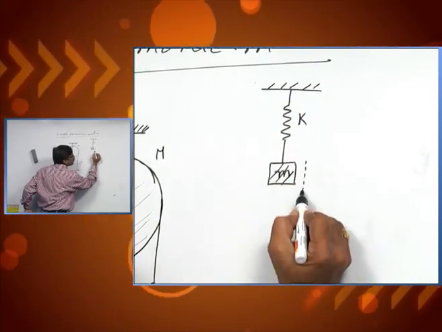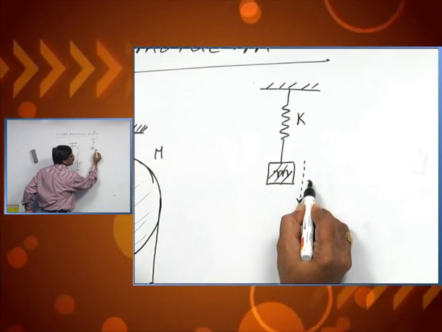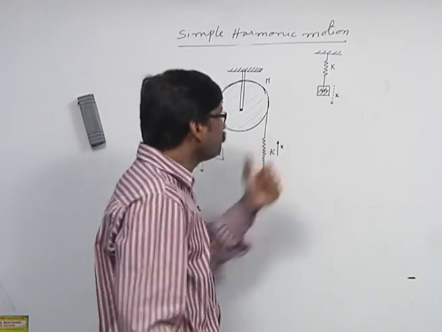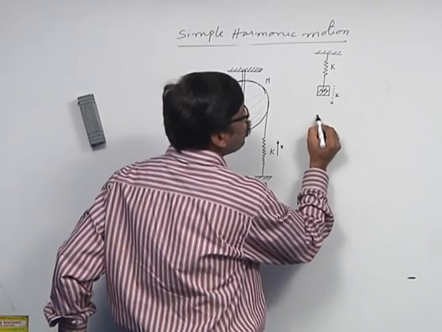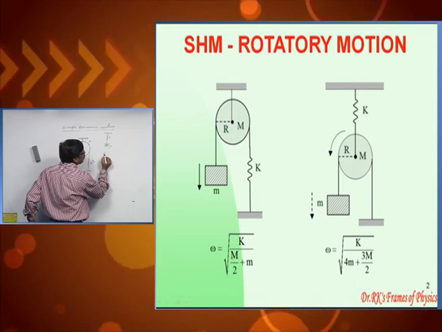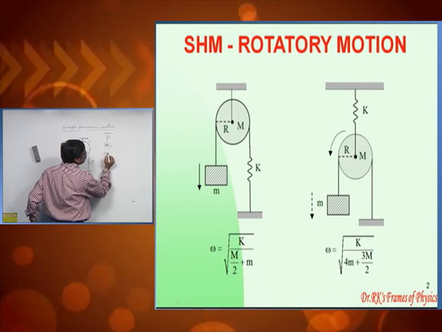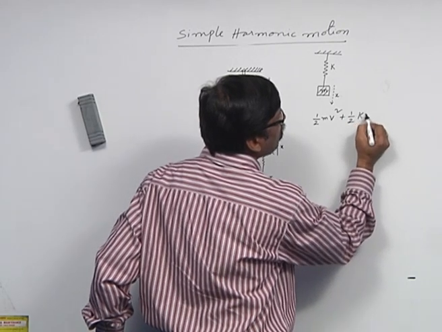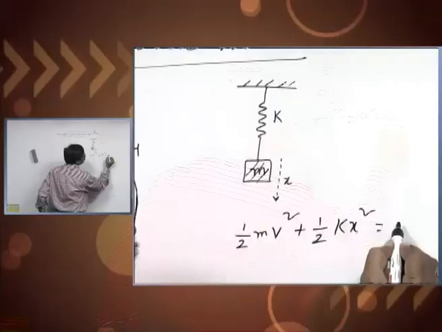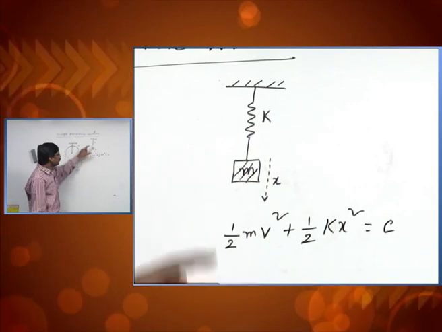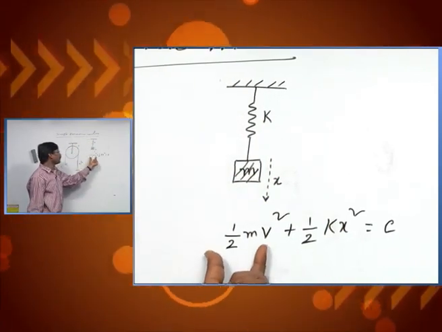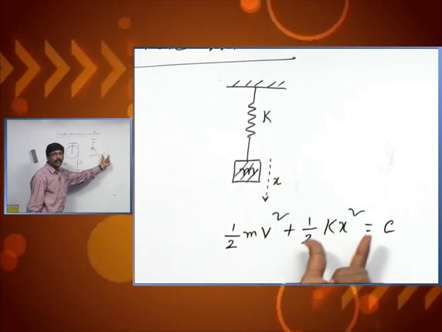If x is the extension of the spring, which is same as the displacement of m, the total energy at any instant of time is half mv square plus half kx square, which is equal to a constant c. The total energy due to SHM doesn't vary with time.